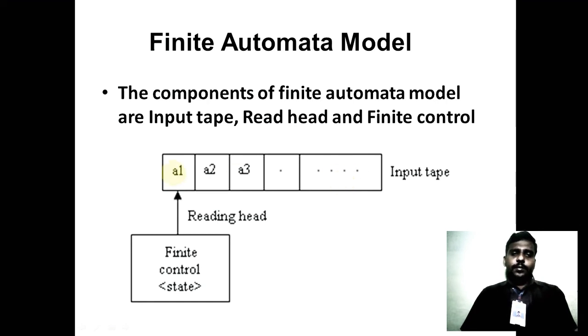But every cell in the input tape holds only one input at a time. This is the finite control. It means algorithm, that means CPU. This is the main control, and it consists of states. I will explain what is a state and what is the input in the upcoming slides. Initially, the finite automata reading head points to the first input symbol, that is A1. This is the model of finite automata.